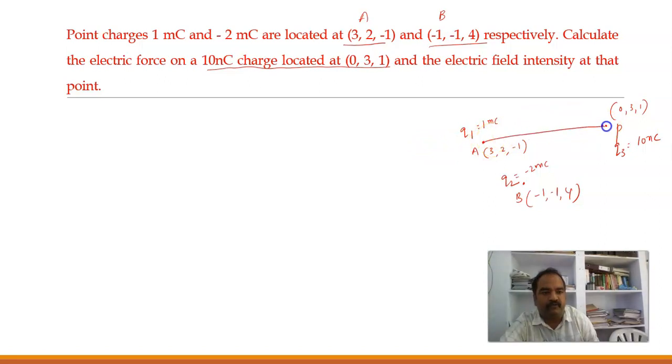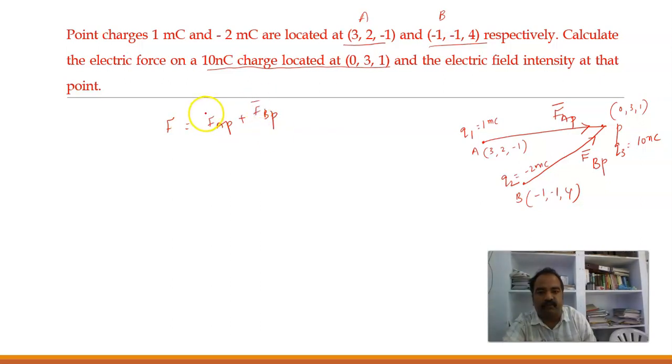So this charge will be having a force, and this charge will also exhibit a force. Now this is FAP, and this is F, the force due to the charge at B on the charge at P. So now the net force is equal to FAP plus FBP.